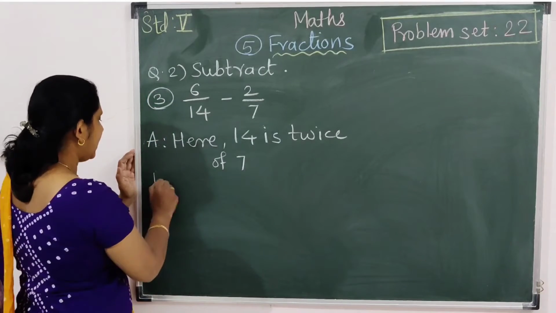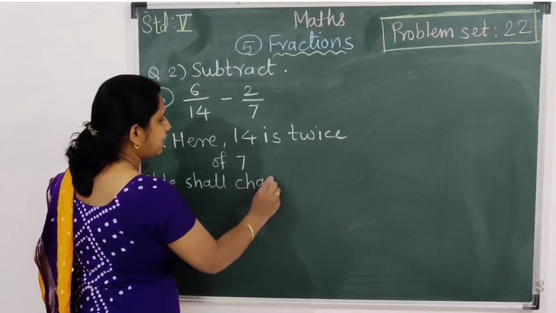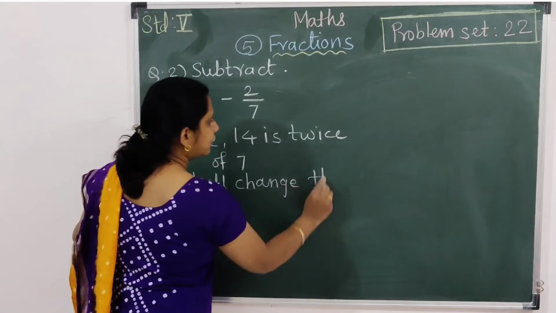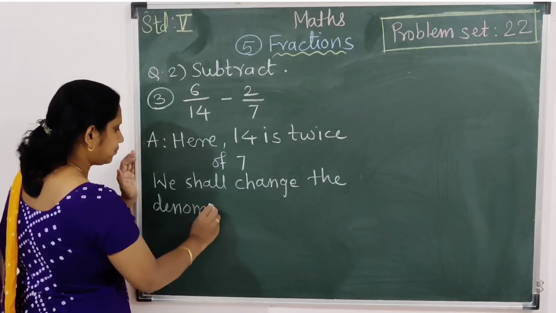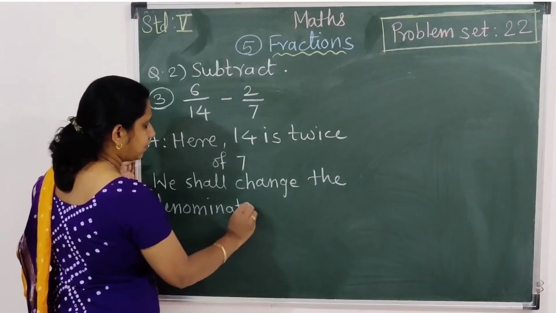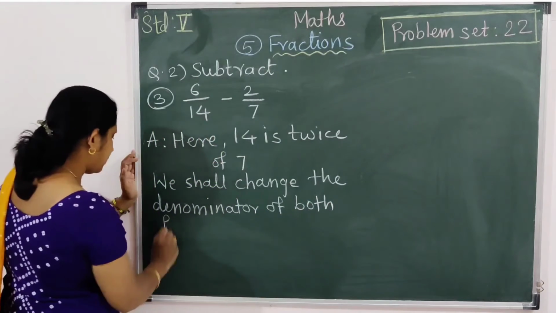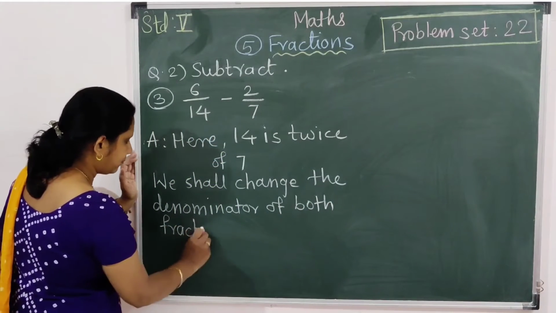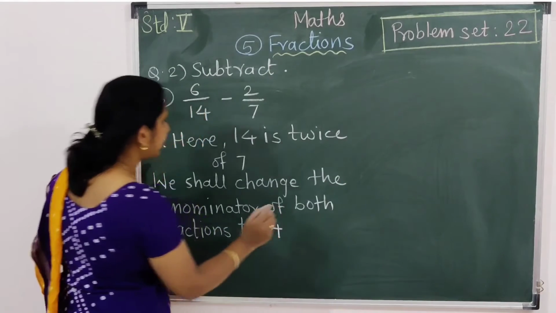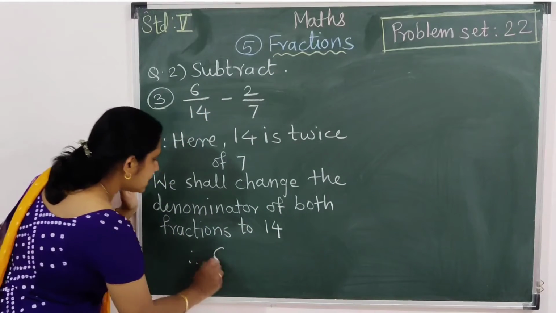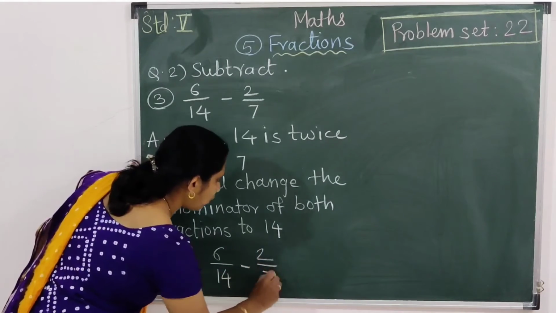So we shall change the denominator of both fractions to 14. Therefore, 6 upon 14 minus 2 upon 7.